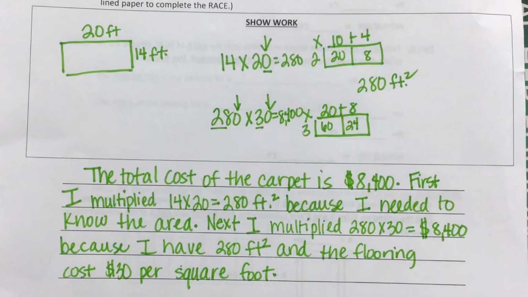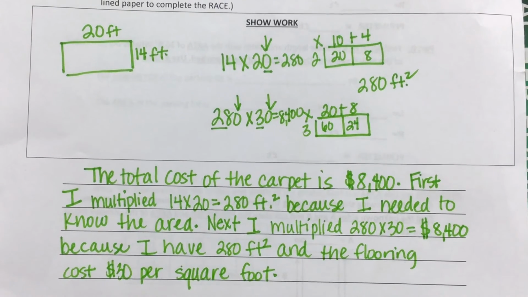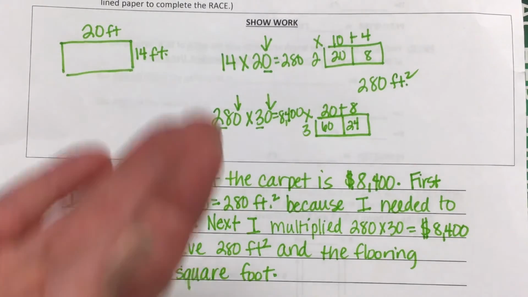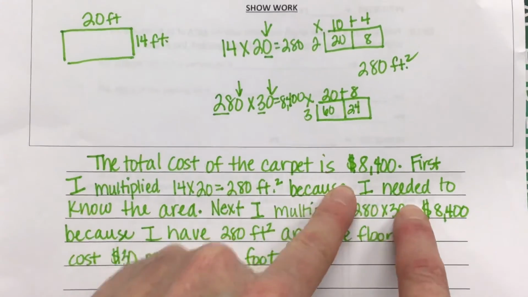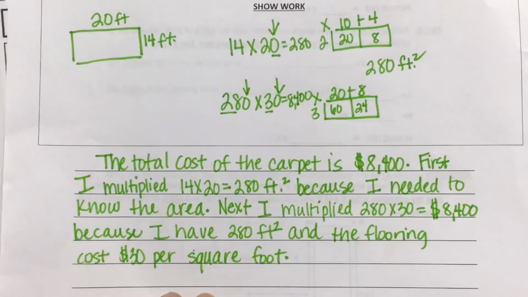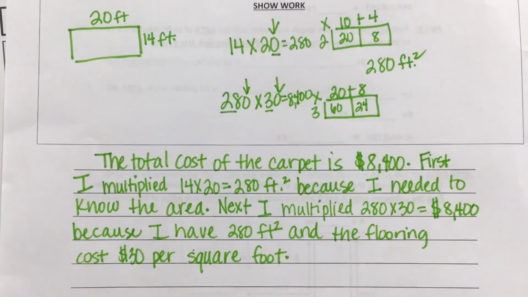I don't think you have to write, this is how I got $8,400. I don't think you have to say, so they spend $8,400 on the carpet. You already said that. We restate an answer, cite our equation, explain it, cite our equation, explain it. It's not that hard. Some of us have a block and we see all these lines and we think, oh, that's going to be really hard. It's not that hard. You guys can do it, and this is the expectation.